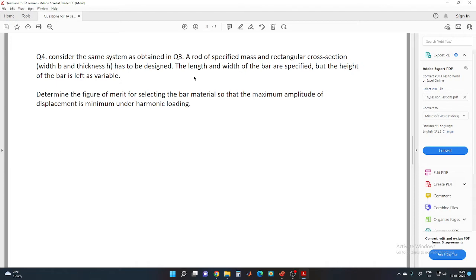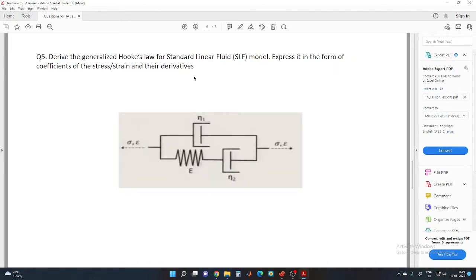The fourth problem is actually I had left it for you to explore last week. And the fifth problem was the standard linear fluid model. The standard linear solid model is described in the class, and the derivation of the expression is included.